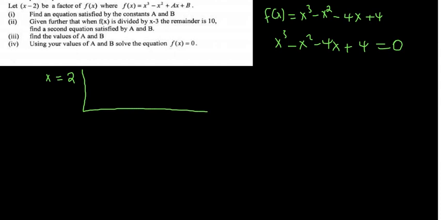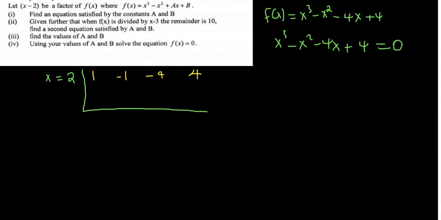Using the synthetic method, we are going to find the other factor. So I'm going to get the coefficients of this function here. Coefficient of x to the power 3 is 1, x power 2 is negative 1, x is negative 4, and then we have got 4.